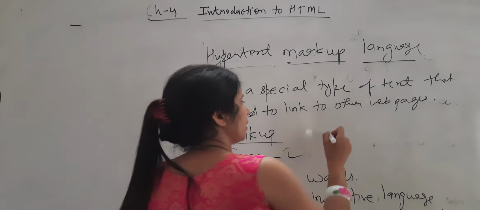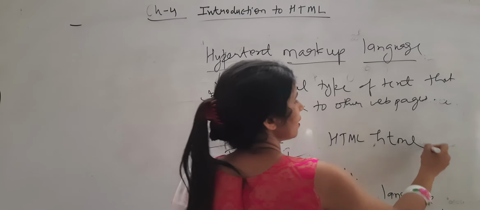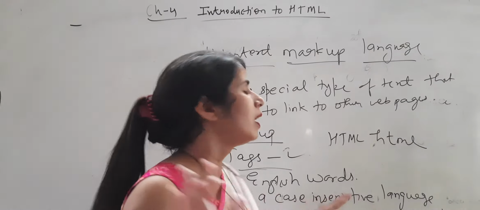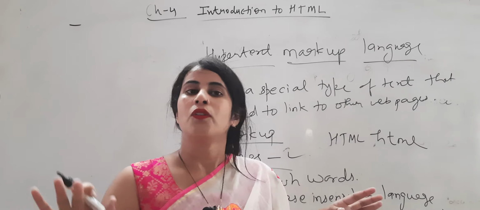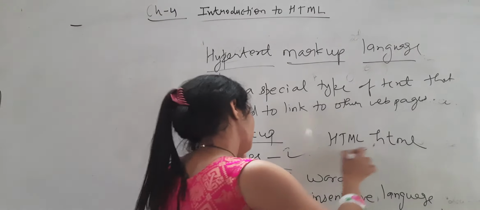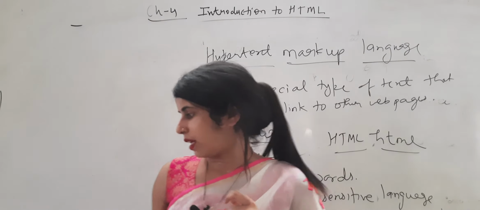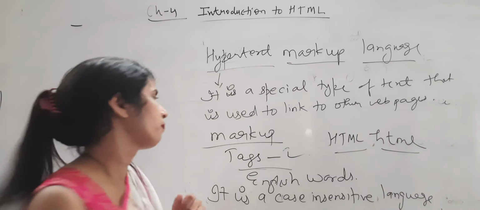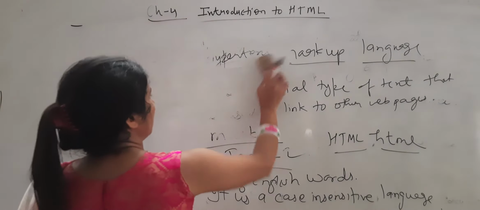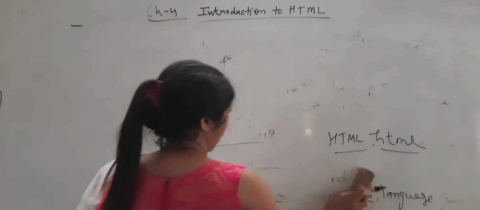Suppose I write HTML in this way, and on one side I write it in this way. The result will not vary. It does not matter whether we use lower case or upper case. Now about the tools of HTML.